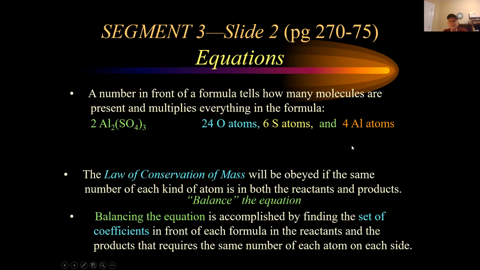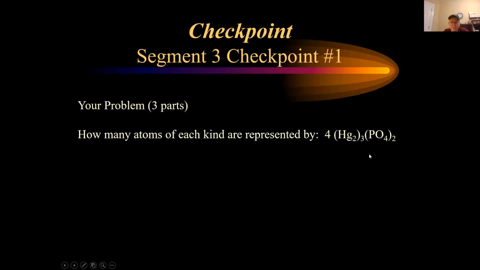Remember, in Dalton's atomic theory, the atoms of the reactants just change partners to become the products. So the total number of atoms of each kind is the same on both sides of that arrow. And that's what we do to balance the equation.